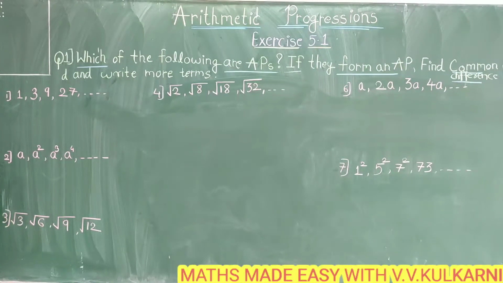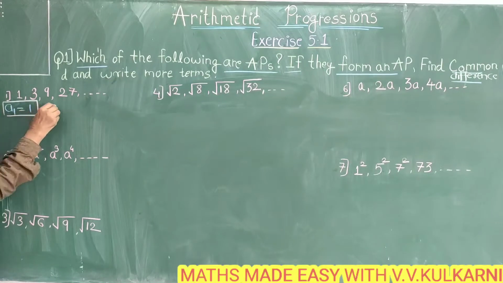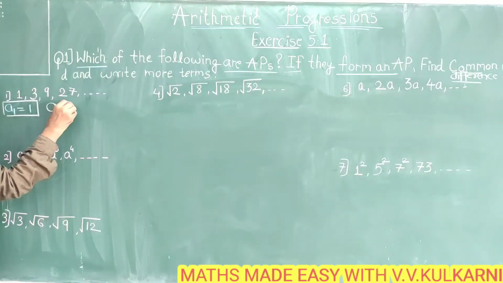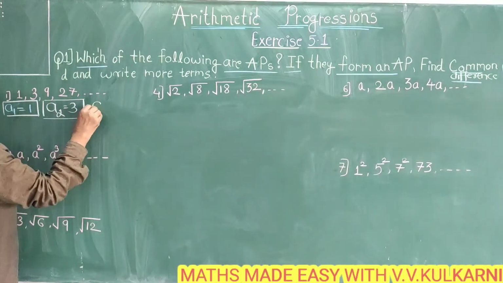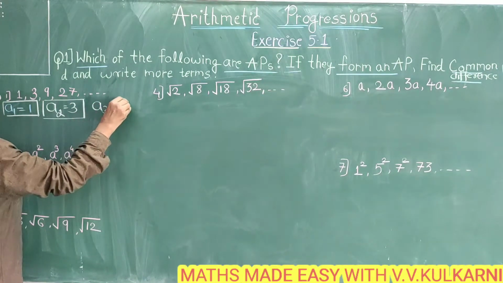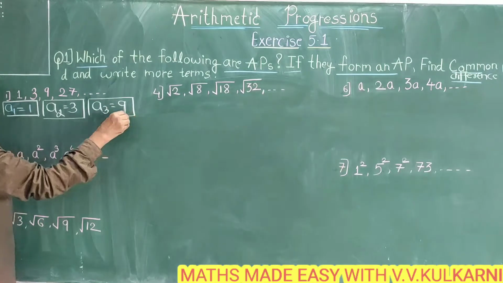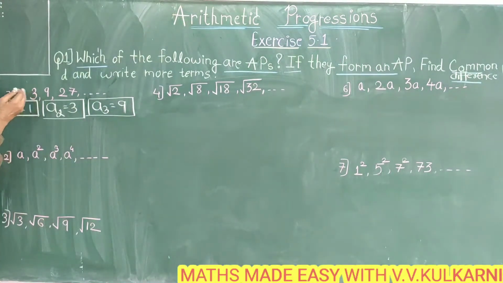See, let us see here, the first term is 1, second term is 3, third term is 9. Let us check out the difference between the two successive terms.